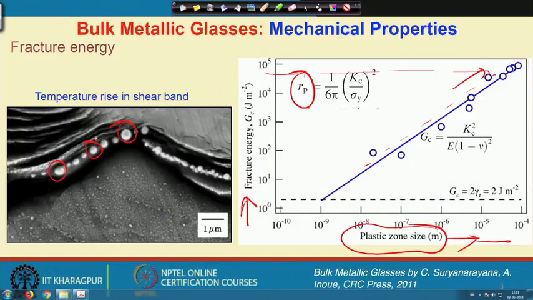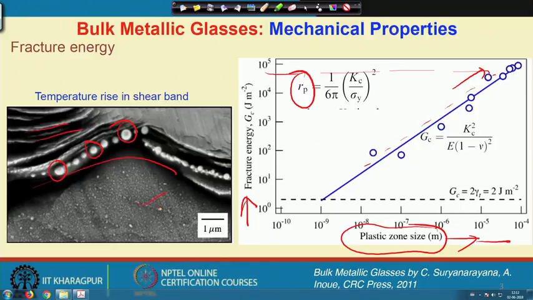Since tin has a low melting temperature, if the shear band gets heated, the tin is expected to melt. They chose a Vitreloy glass and observed that the tin had melted in the shear bands, near the shear bands.